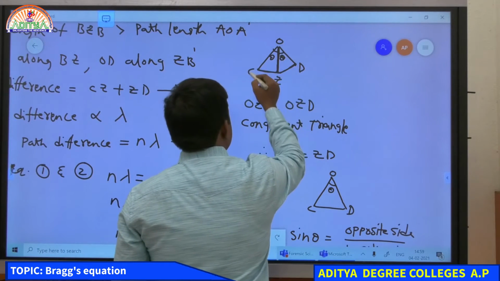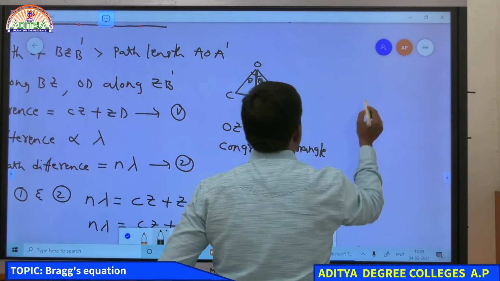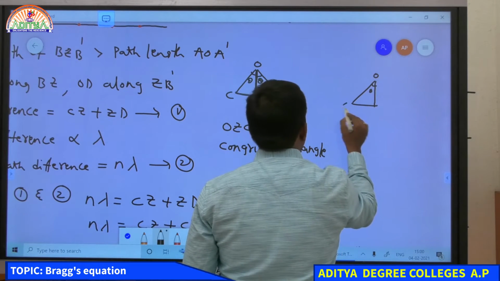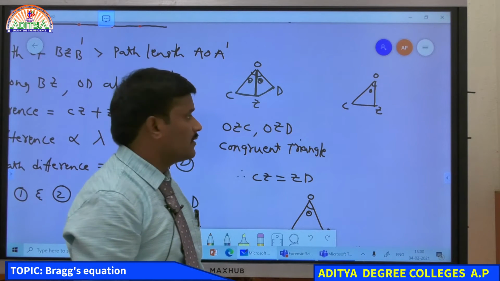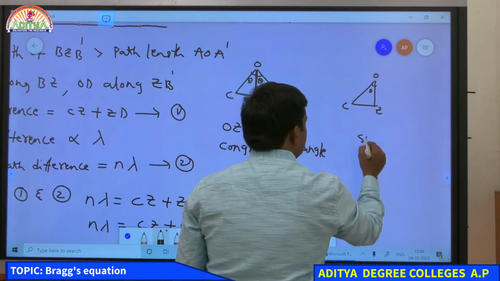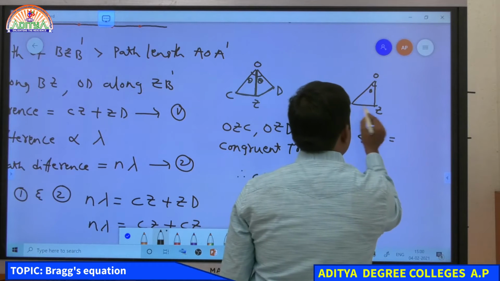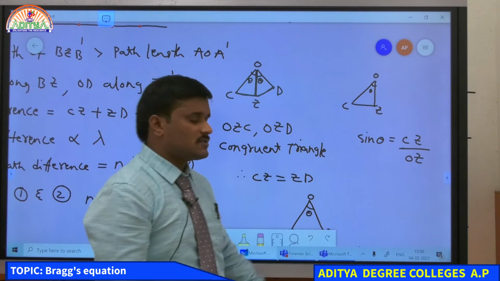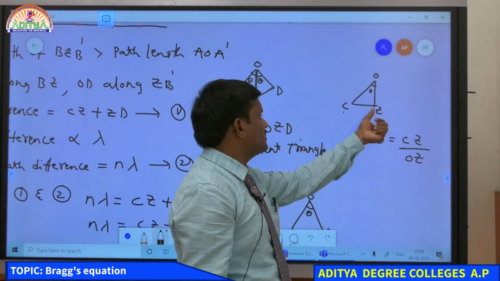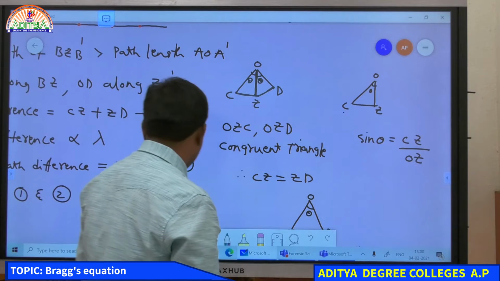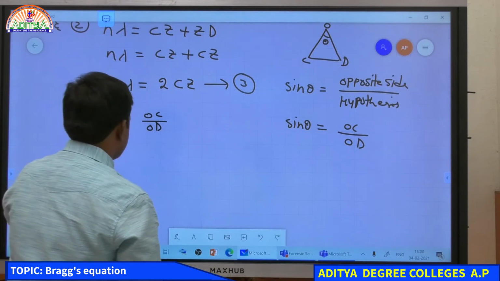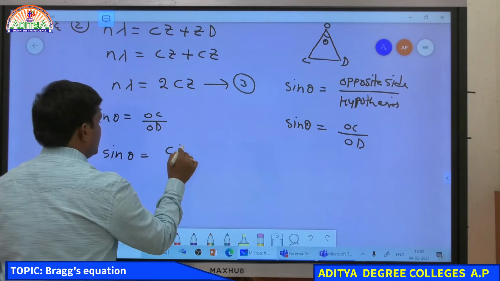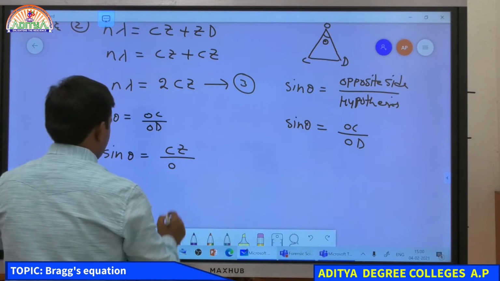Here the triangle is OCZ. This is theta, this is the origin, this is C and this is Z. In this case sin theta is equal to the opposite side, CZ, divided by the hypotenuse, OZ.